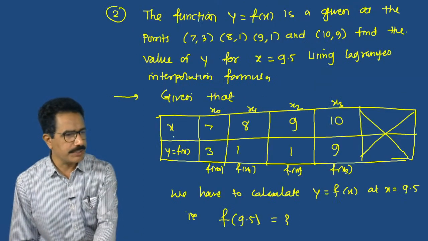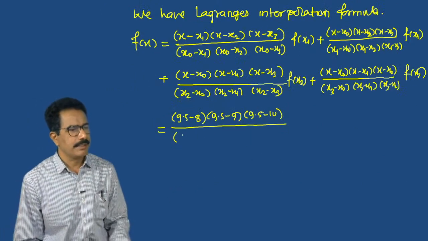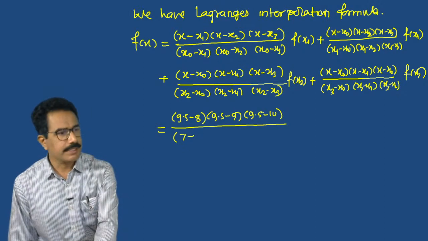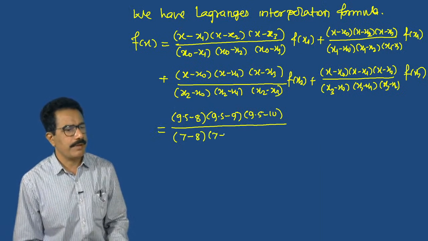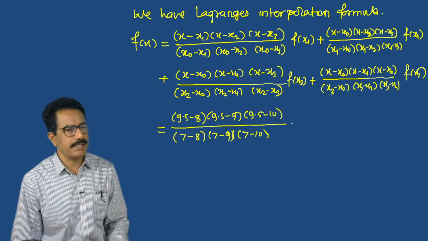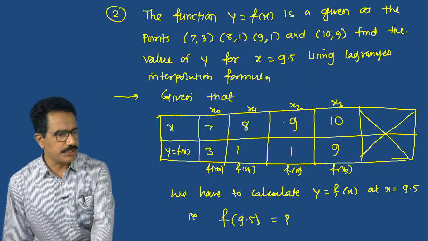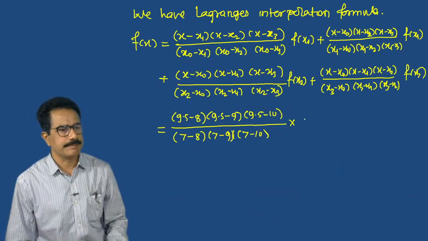What is the value of x0? x0 means 7. 7 minus 8, 7 minus 9, 7 minus 10 into f of x0, that is 3.